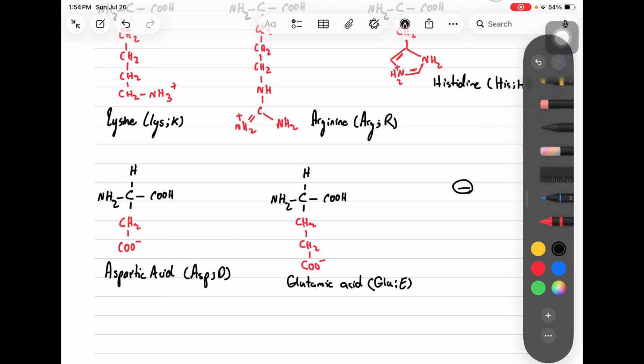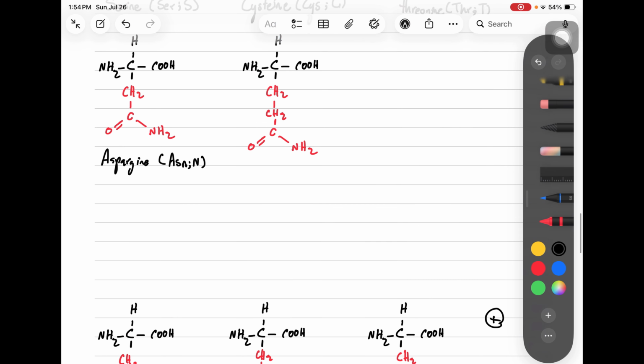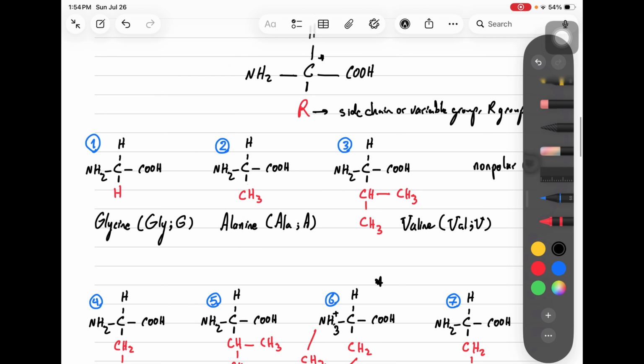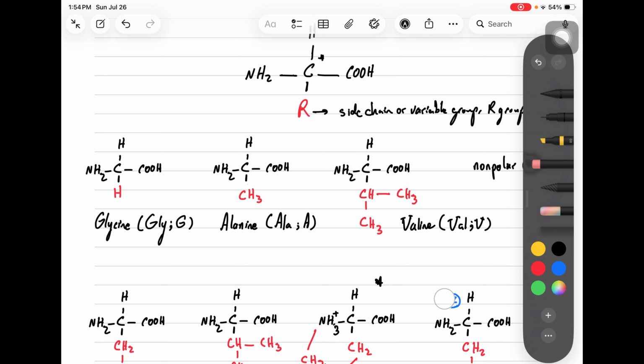These are the only things that we need to know about the structure and the charges of the amino acids. But the important thing is, 10 of these 20 show up constantly enough that you should be able to draw them from memory and recognize them on sight. Let's go from the very beginning. Should I erase this? Sorry for that.